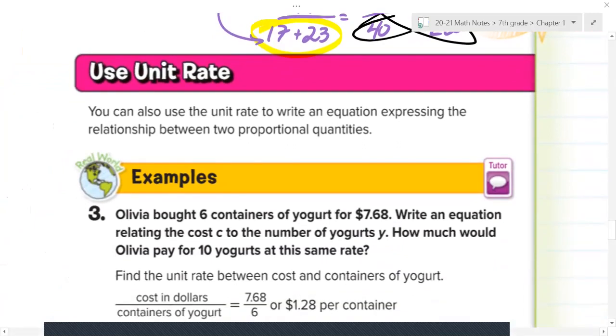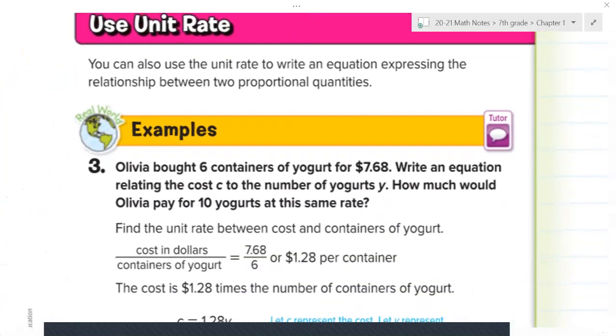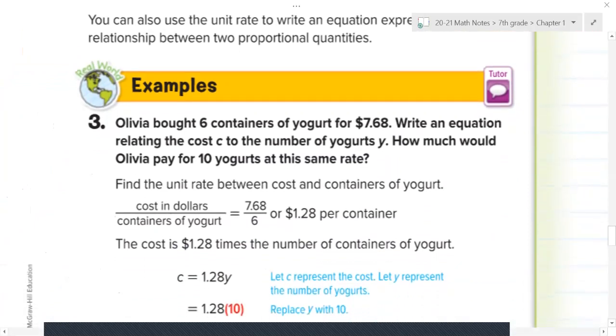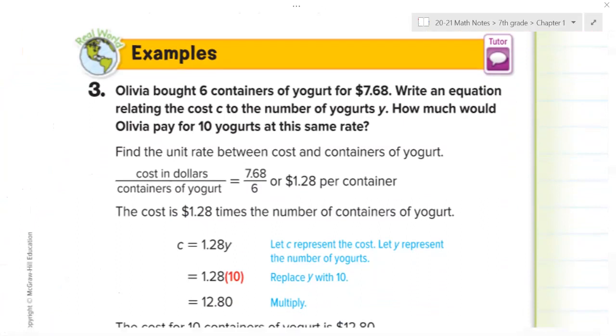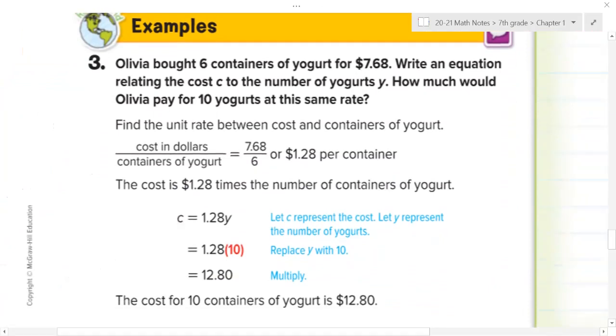You can also use a unit rate to write the equation expressing the relationship between 2 proportional quantities. For example, Olivia bought 6 containers of yogurt for $7.68. Write an equation relating the cost, C, to the number of yogurts, Y. How much would Olivia pay for 10 yogurts at the same rate? So they used a unit rate.